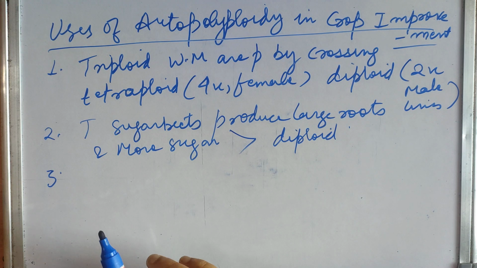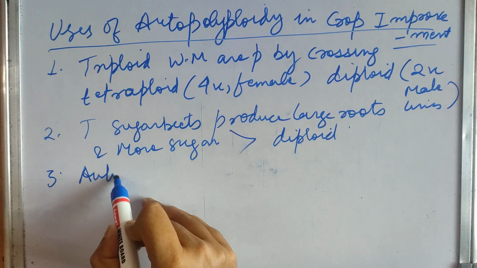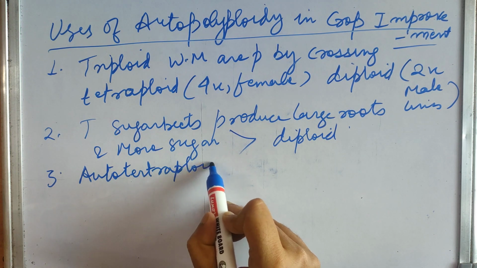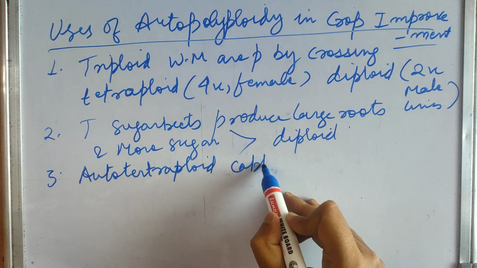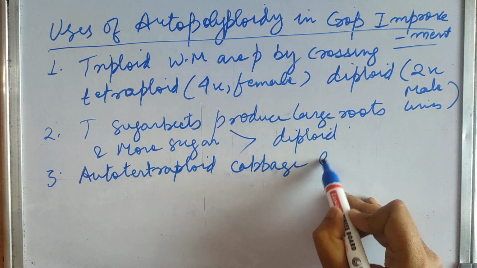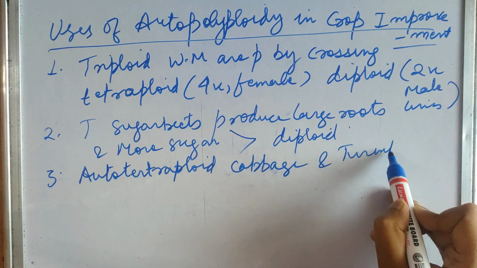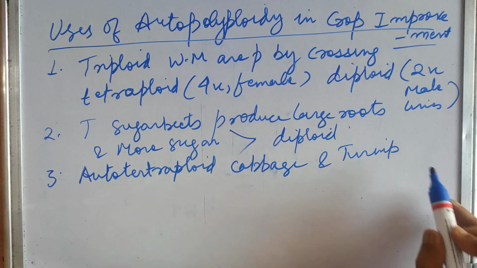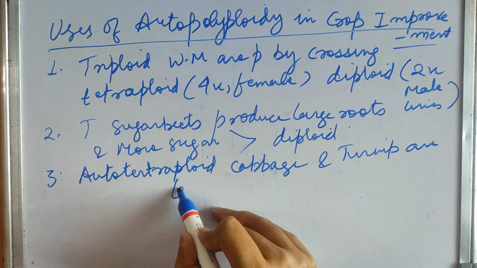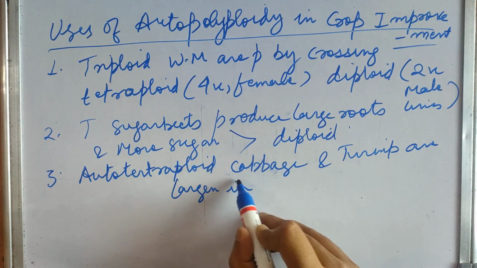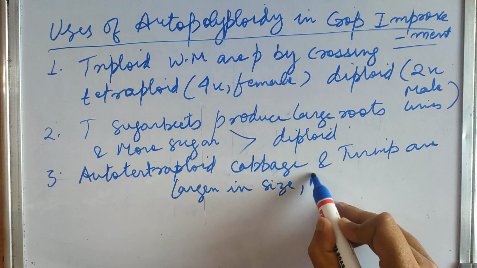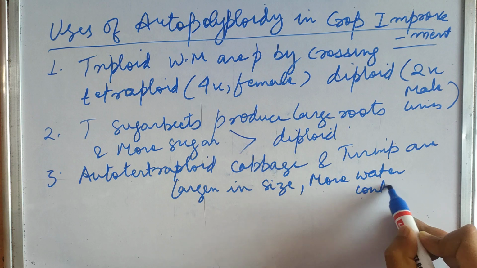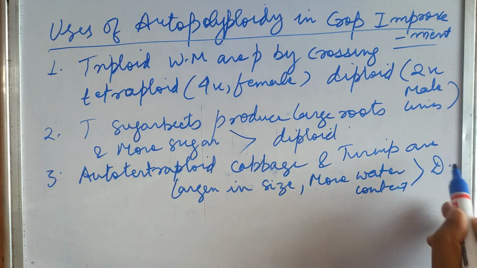Autotetraploid cabbage and turnip are larger in size and have more water content than diploids.